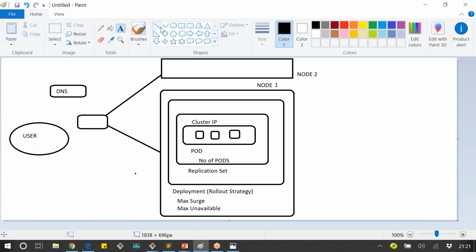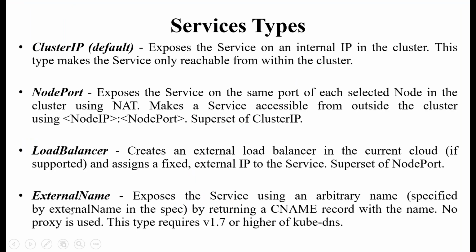The user can use the DNS entry which is mapped to this load balancer, which is mapped to the backend services. So if you would like to create one domain name for your application directly, then the service type we can use is ExternalName.